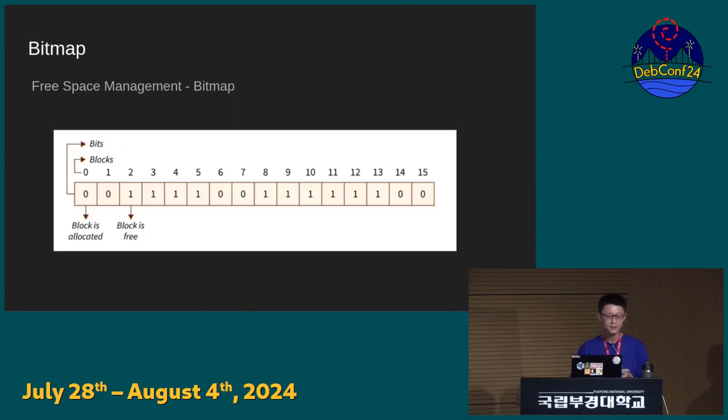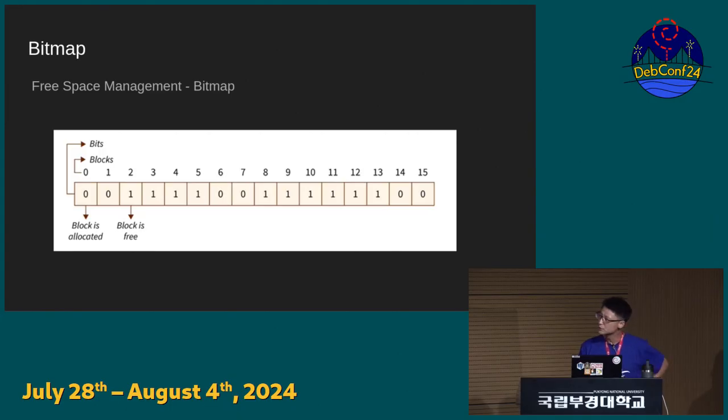Different file systems have different methodologies to manage the free space in the file system. The most popular is the bitmap style, like this one. Some advanced file systems like ZFS or Btrfs use a different kind of style, but here we still use the bitmap.